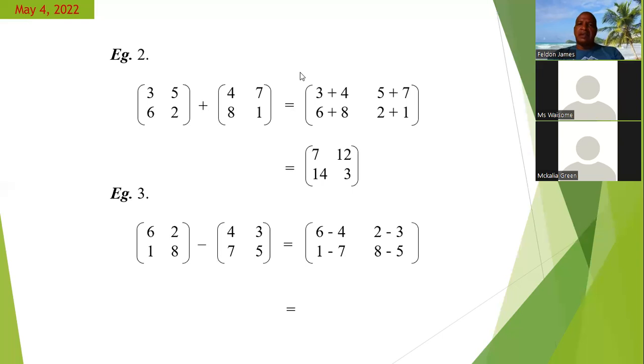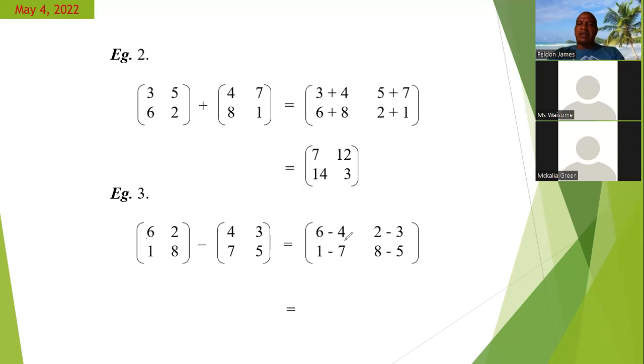So in the same light, if this was the matrix A, and this was the matrix B, then we'll be subtracting the matrix B from the matrix A. And so we are subtracting the elements of B from the corresponding elements in A. So here we would have 6 minus 4, and then 2 minus 3, then 1 minus 7, and 8 minus 5.